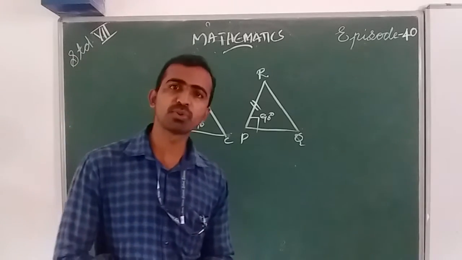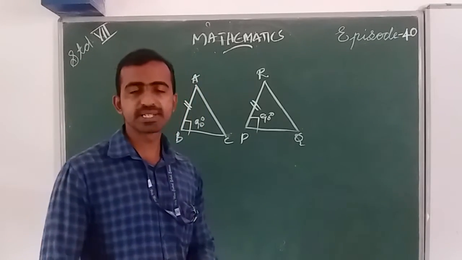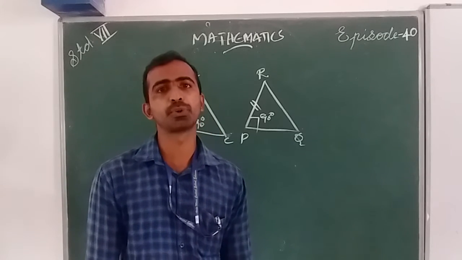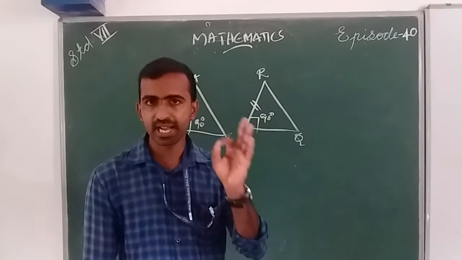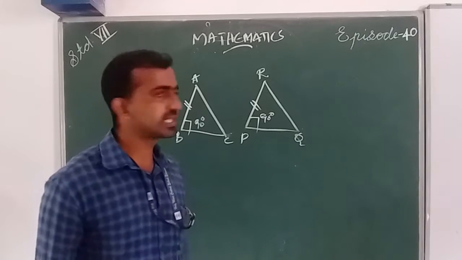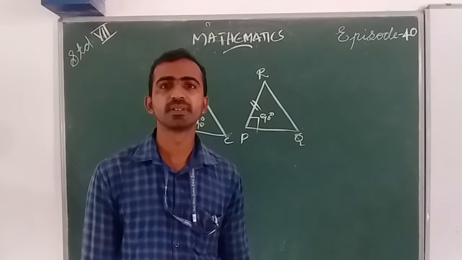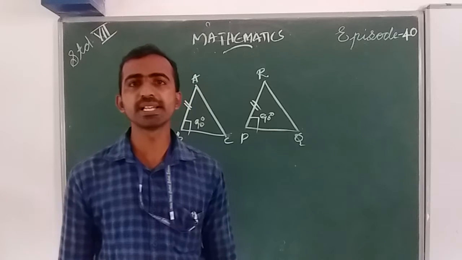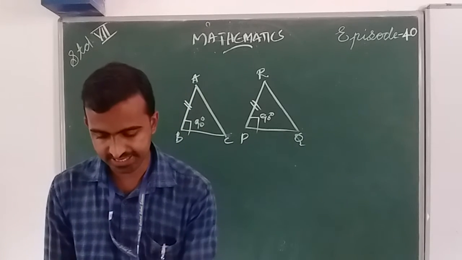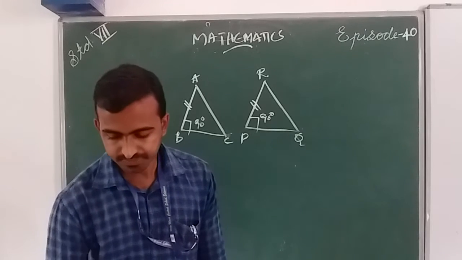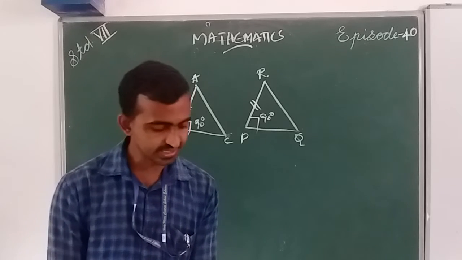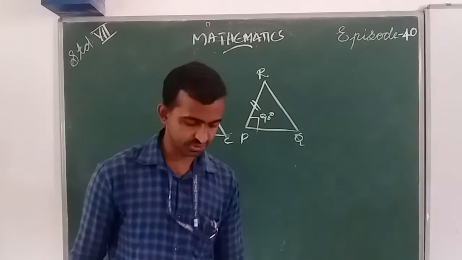AC is the hypotenuse of triangle ABC and RQ is the hypotenuse of triangle RPQ. And next we are going to discuss the fourth question.